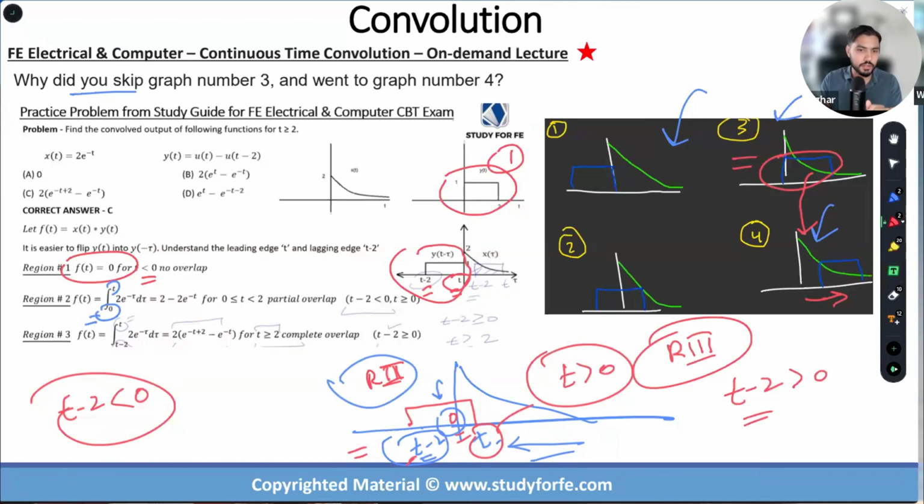It is irrelevant because when you look at this function x of t, it goes on to infinity. Does it make sense, guys? So where exactly I am in terms of this sliding function is now dependent on just t minus 2, the lagging edge, and the leading edge, t. So 3 and 4 are basically the same.